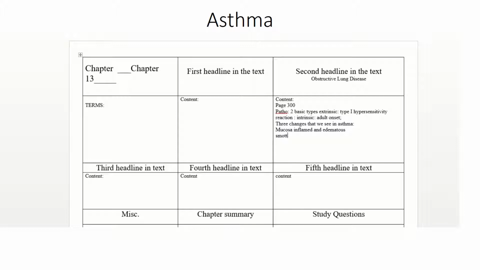The smooth muscle constricts or contracts, and we call that a bronchospasm or bronchoconstriction. Then you're going to have secretions that are thicker and increased in amount. They're thicker, they're sticky, and they just plug everything up. So these can cause a partial or complete obstruction of the airway.